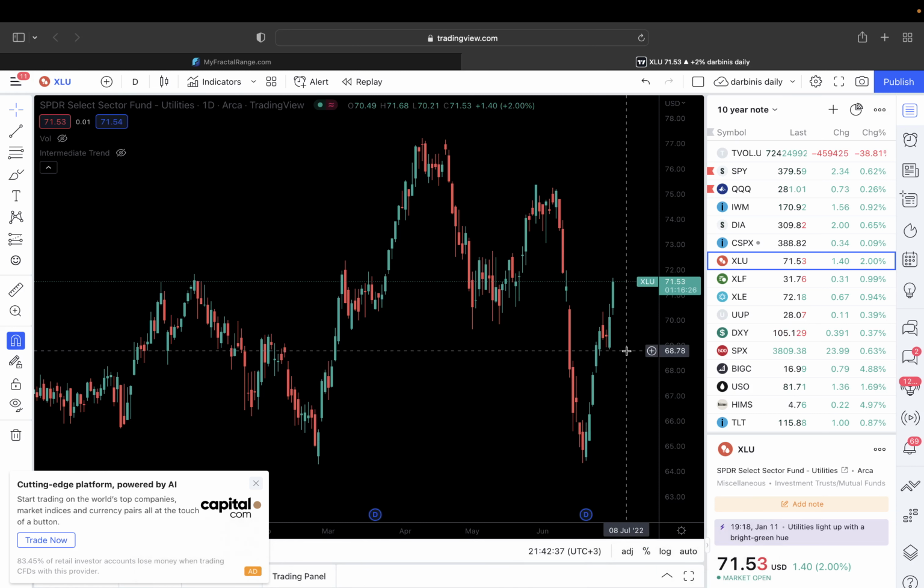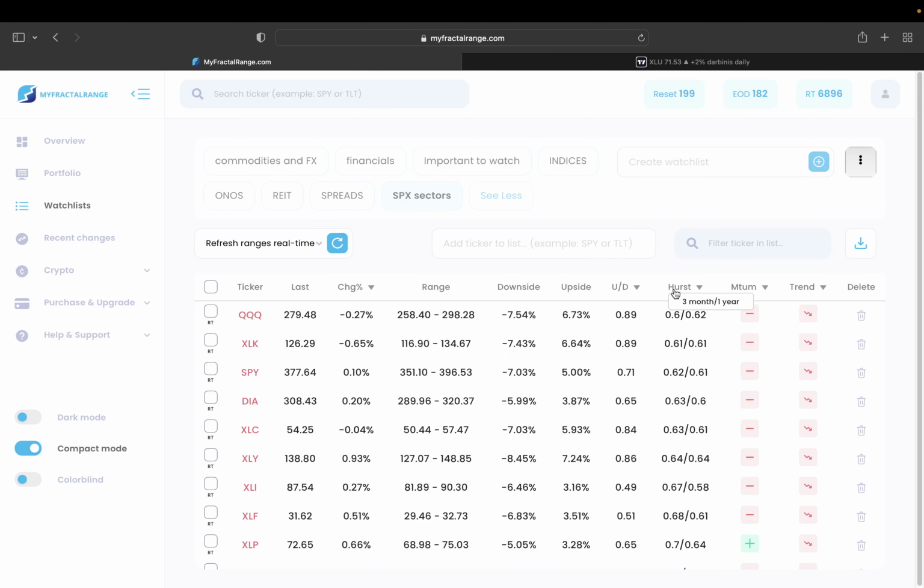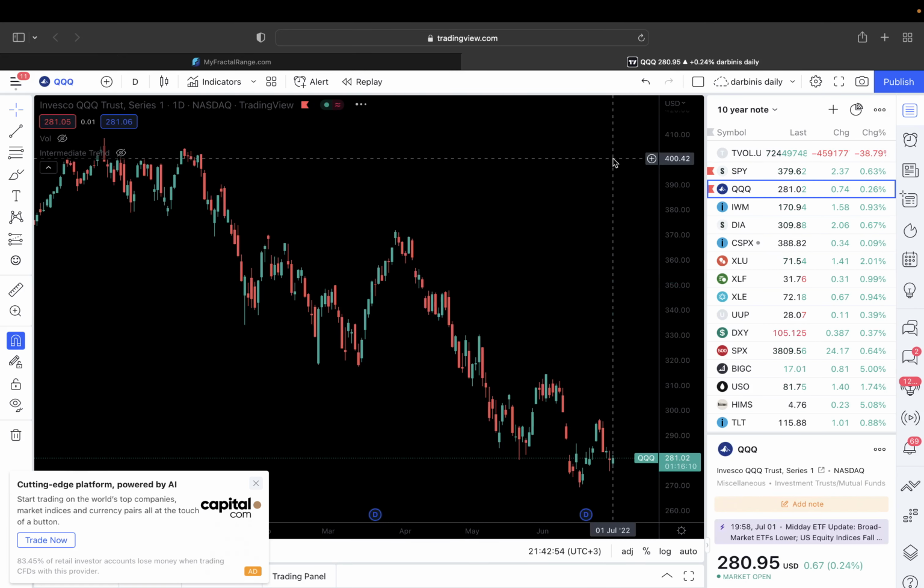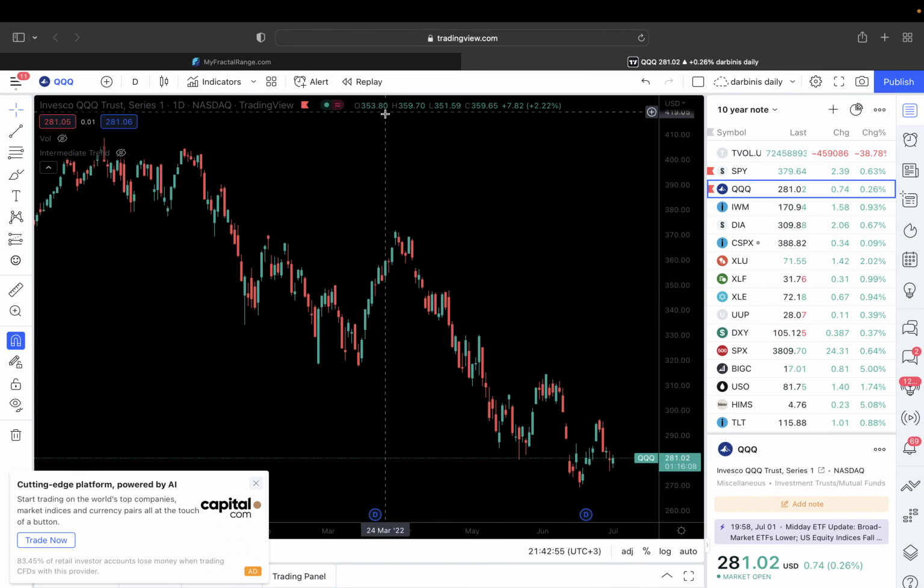Now another example will be QQQ, which, if we filter the Hurst from lowest to highest, you will see has a 3-month Hurst of 0.6. And now if we open a chart of QQQ, you will see that the situation here is quite different.